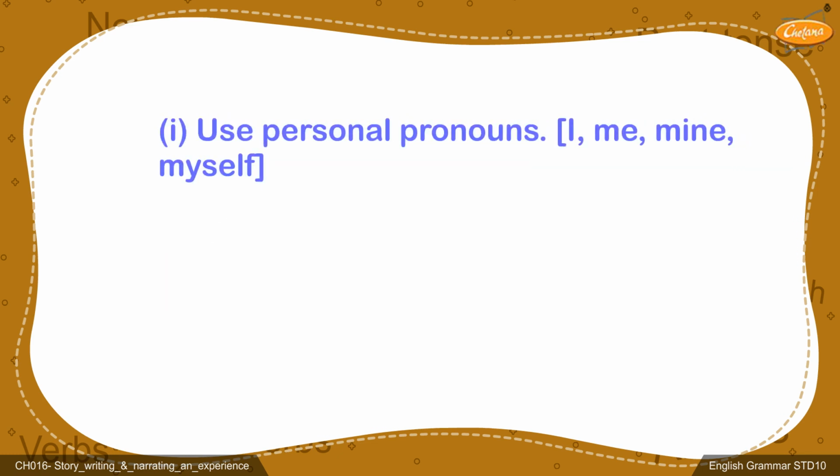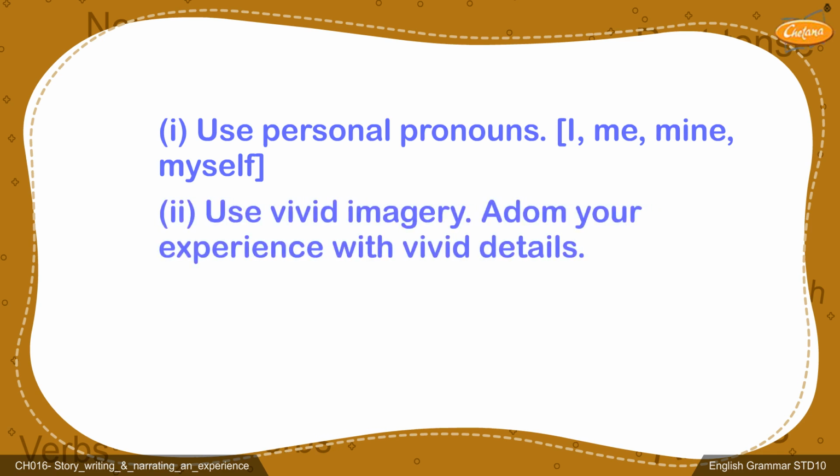Next, we need to move on to things you need to keep in mind. 1. Use personal pronouns like I, me, mine, myself, etc. since you would be narrating a personal experience. 2. Give a proper but brief description of characters and places.